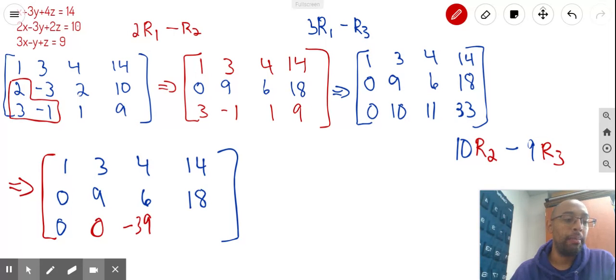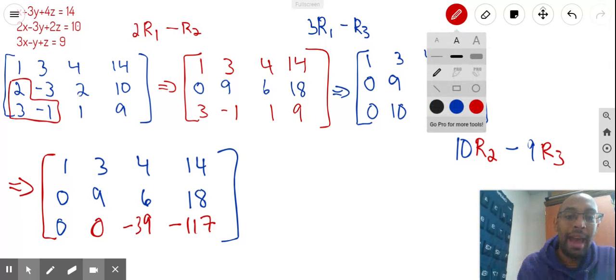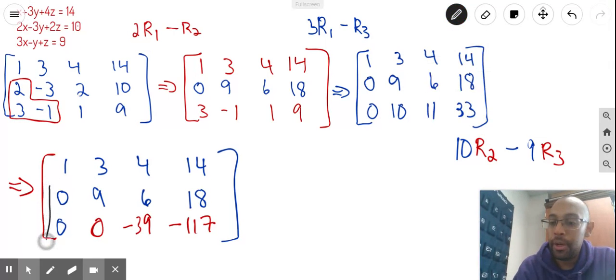So 180 minus 297 is a negative 117. All right, so now the 3 locations we desire are now 0.